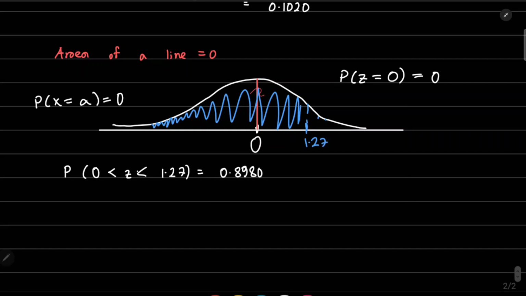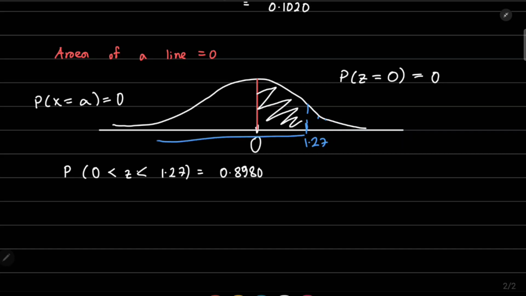and we have to subtract this red area over here. The red area is the probability of x being less than 0, since the only area we want is this part over here. So I have to subtract the red area from the blue area. The blue area is everything to the left of 1.27, the red area is everything to the left of 0.